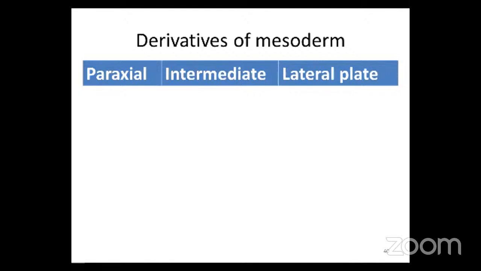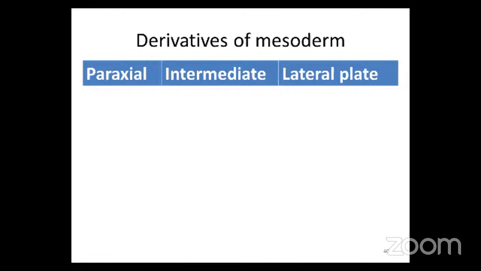Pia mater, arachnoid mater, and dura mater. Dura mater is mesodermal in origin, but pia mater and arachnoid mater, which are collectively called leptomeninges, are coming from neural crest cells. Remember, these are coming from neural crest cells. Neural crest cells we have seen already, isn't it? They are present on the dorsolateral aspect of the neural tube.